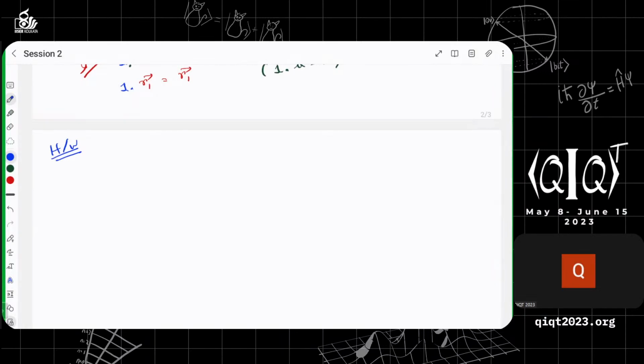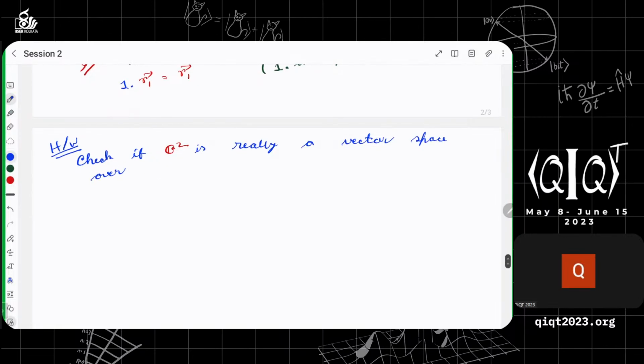Now, having written down these conditions, I would ask you to check if this C2 is really a vector space over C. Basically here C is the field and C2 is the vector space.